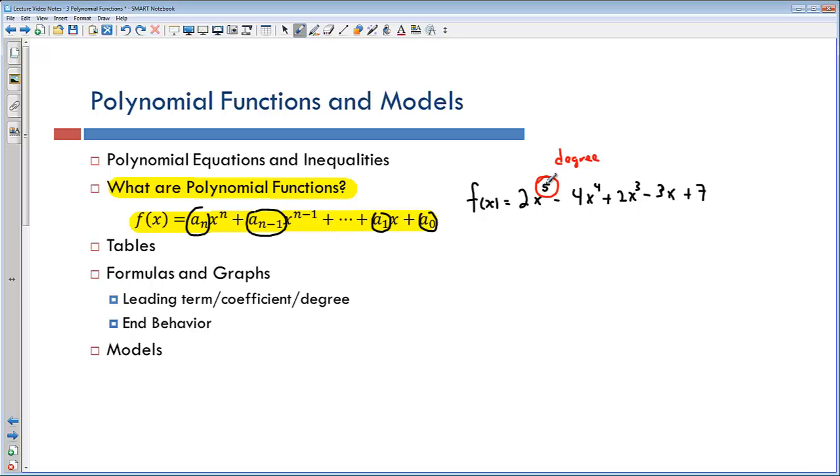Now remember, not all those zeros may be real. You may have some imaginary zeros. But you know there are five zeros, basically. There are 5 solutions if you set this function equal to 0. We'll come back and talk more about this in a little bit. But let's look at an example involving a table first, and we'll come back to it.